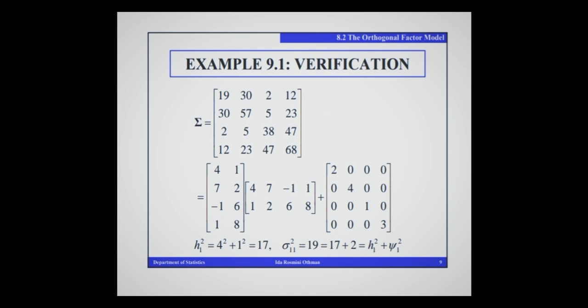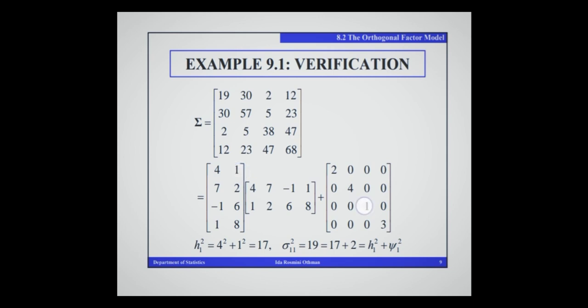So daripada sini, daripada example ni, kita ada 2 faktor. Ada 2 faktor, ada 4 variables. So 4 ni adalah L11. 1 ni adalah L12. First variable, second factor. Okay, sama juga dengan yang lain.